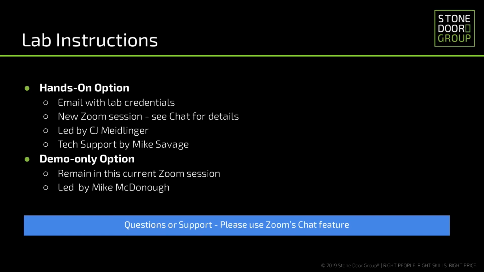You'll see it in the bottom right-hand side in the Zoom webinar chat. Everybody else that decided to do the observation, in other words, you're not doing the hands-on lab, stay in this group and remain on this session, and then the instructors are going to give everybody time to transition, and we'll begin in just a few minutes.